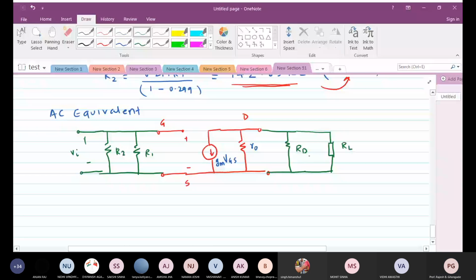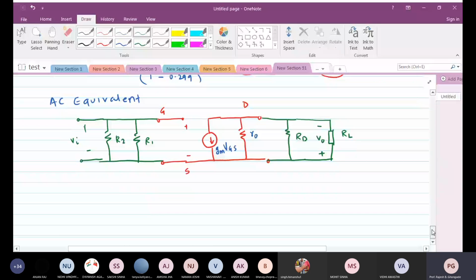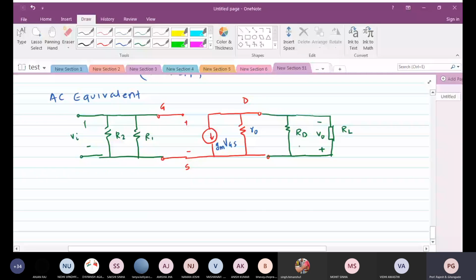All right. So again, you see that I have included the phase shift also here. Well, that won't matter at this point. So we have this model, okay, which is the AC equivalent circuit for the small signal common source.